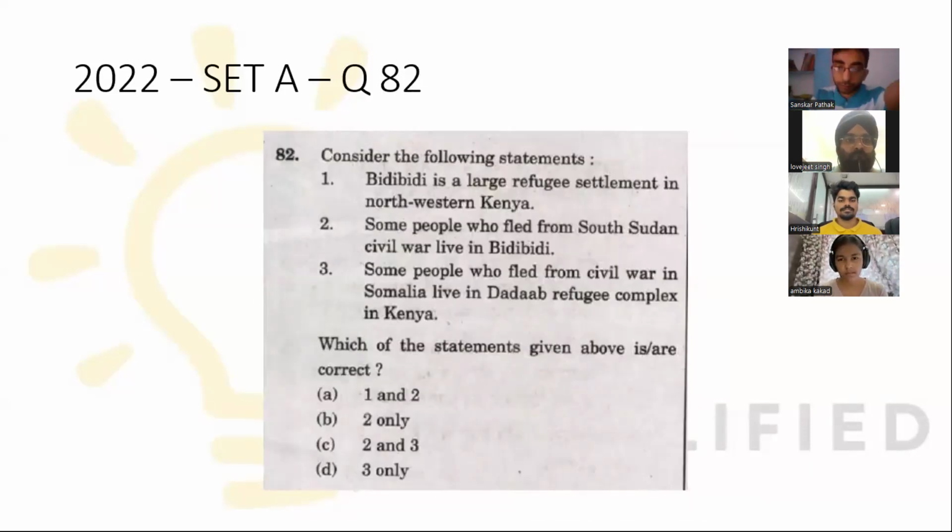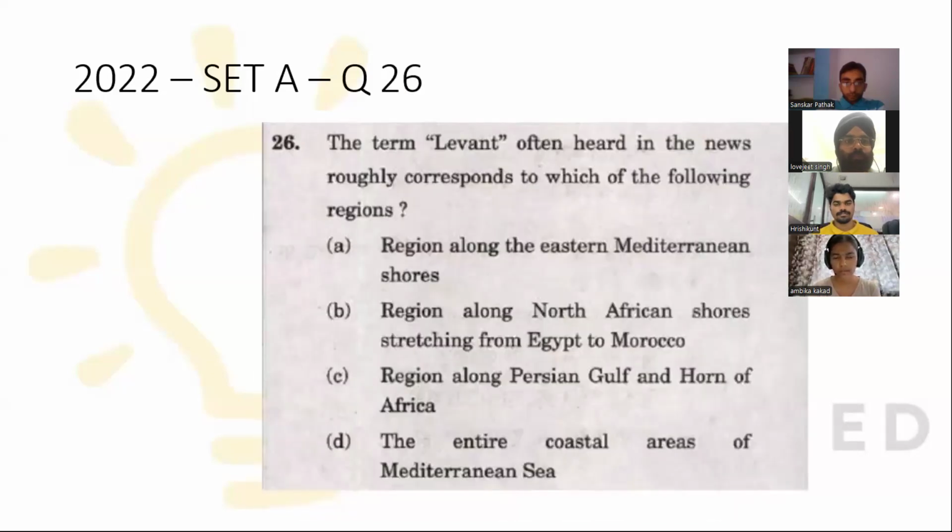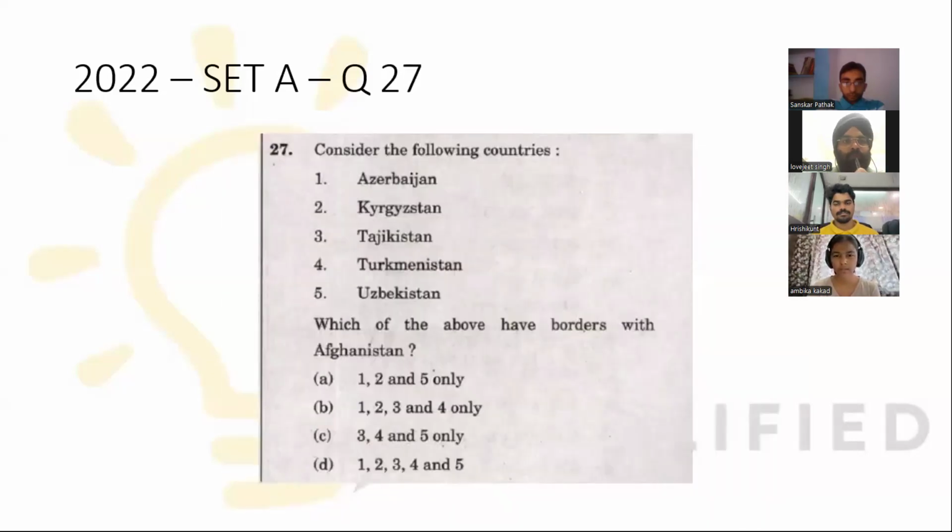But see this 2022 question, Bidi Bidi, and some of the refugee camps they asked about. For that you need a basic understanding: where is South Sudan, where is Kenya, what are the surrounding countries, what exactly is the location. All these basic things we need to derive from the map only. So I think this is enough evidence of basic atlas mapping.